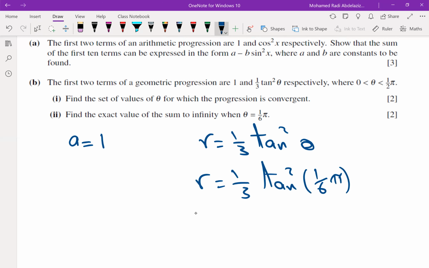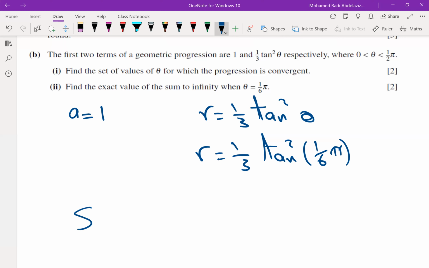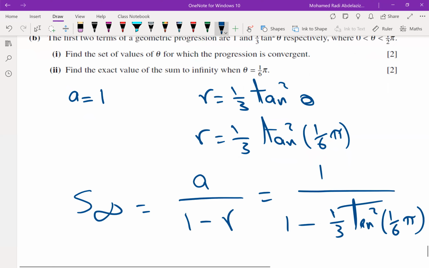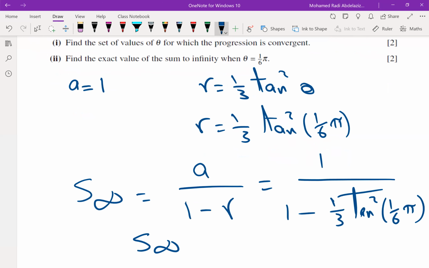You can simplify and get the value of r, or keep it and use the sum to infinity, a over 1 minus r. So a, which is 1, divided by 1 minus r, which is a third tan squared of 1 over 6 pi. You can use your calculator to get the exact value. You will get 9 over 8.